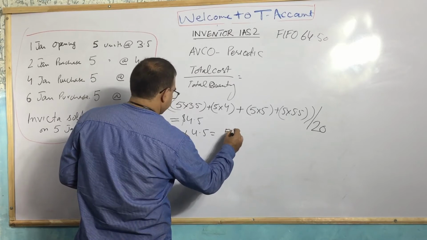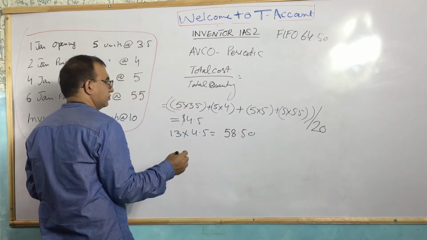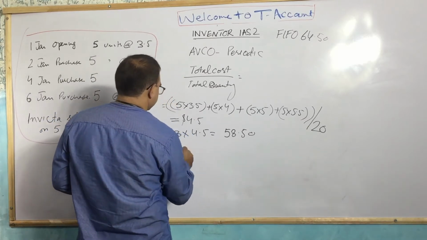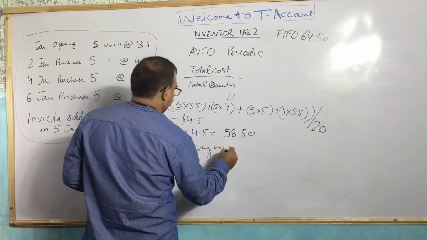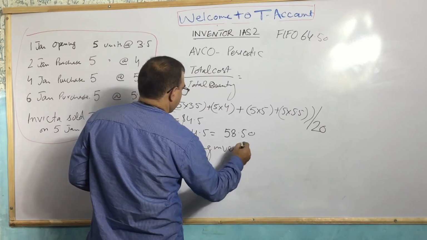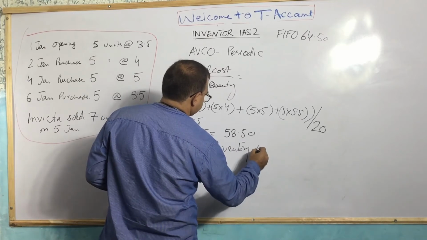Closing inventory is 58.50. That's your closing inventory through periodic average.